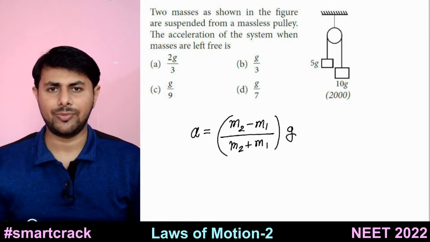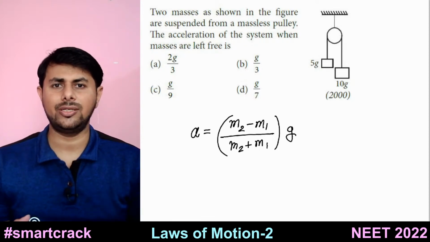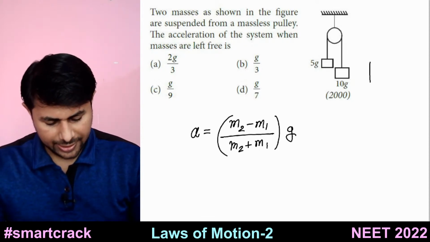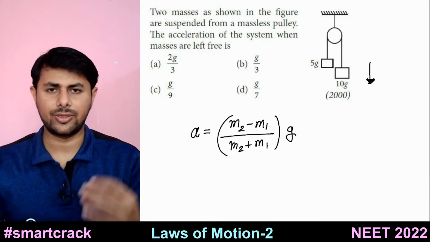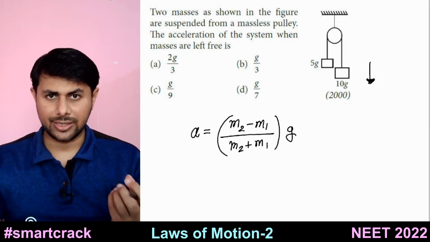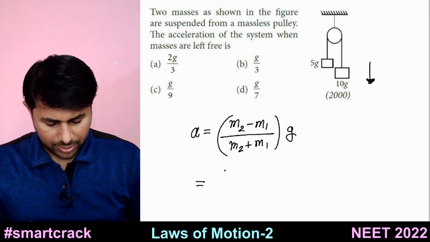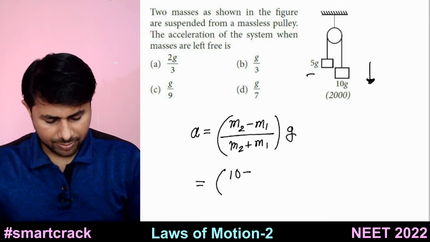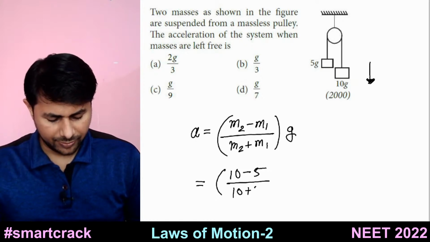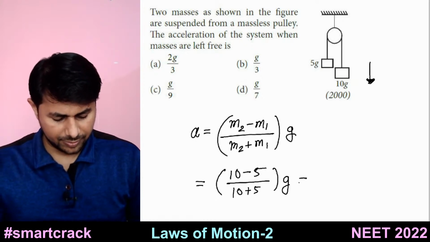And what is m1 and m2? m2 is the greater mass, m1 is the smaller mass. So acceleration will be in the direction of the weight acting on the greater mass, that is 10 grams over here. So it is (10 minus 5) divided by (10 plus 5) times g.